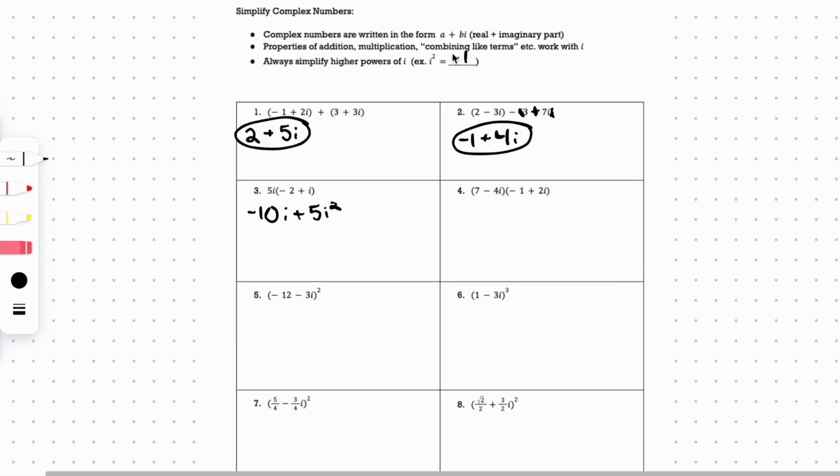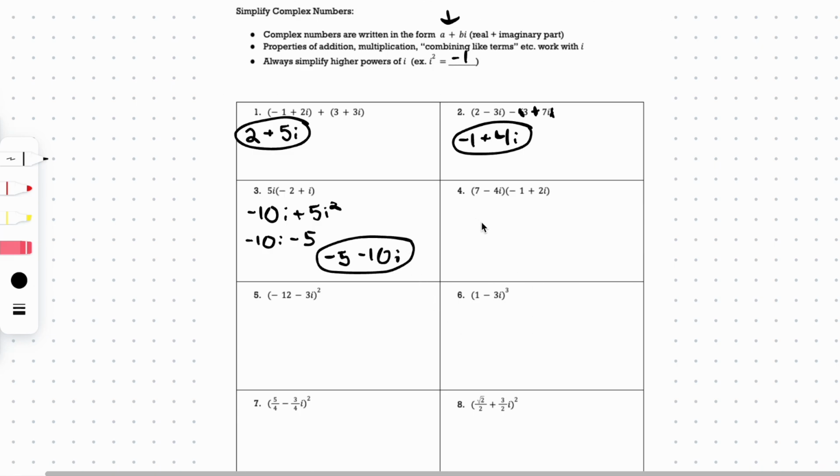We also said I squared is equal to -1. So instead of saying I squared, I'm going to say -5. So this would be -10i minus 5. Now, our first thing I said was we want to write it with our imaginary term being our second term. So I'm going to rewrite this as -5 minus 10i. Perfect.